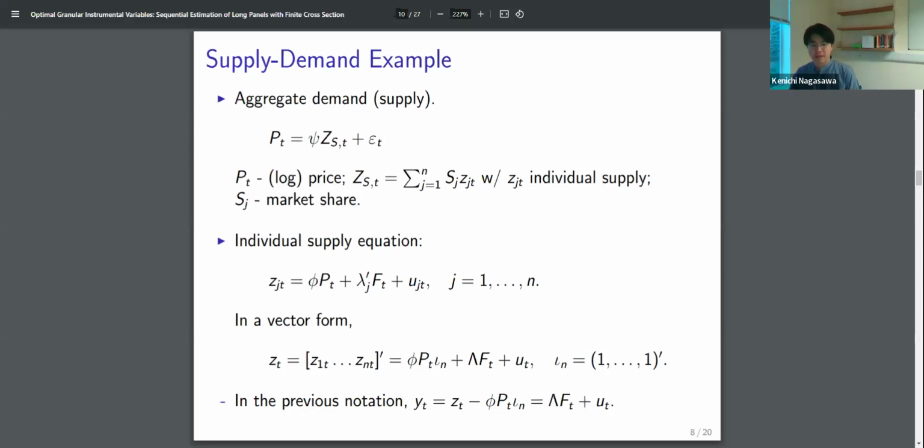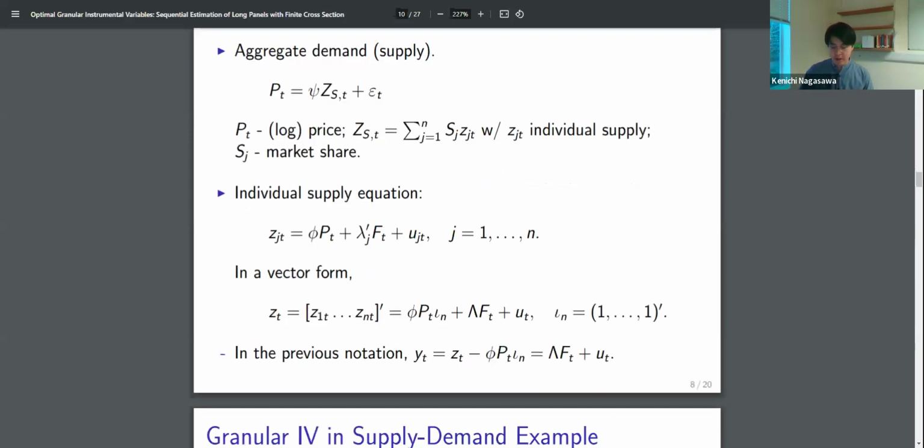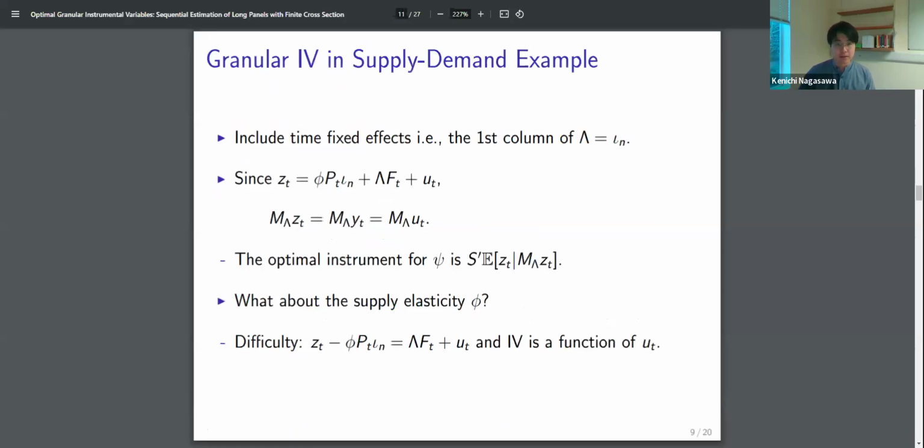Okay, and then without loss of generality, we can always include time fixed effects in the disaggregated equation, which means that the first column of the factor loadings will be just 1. If you have just 1 in the first column, then the corresponding factor you can interpret as time fixed effects because it affects all the units in the same manner.